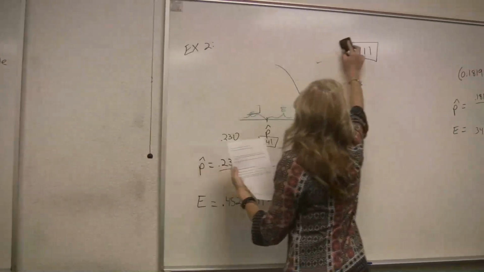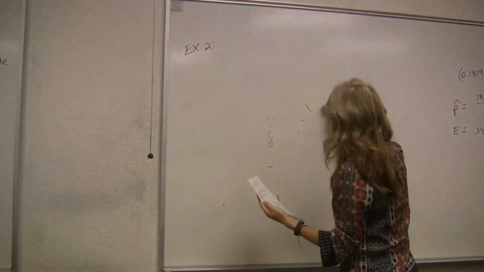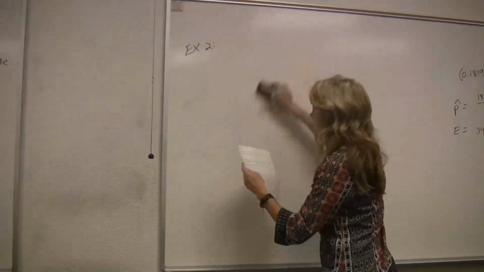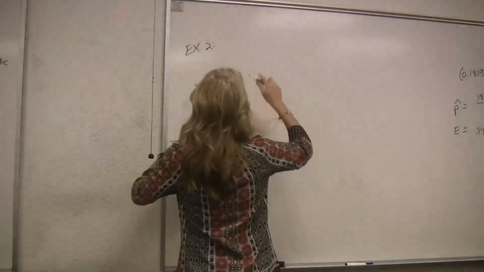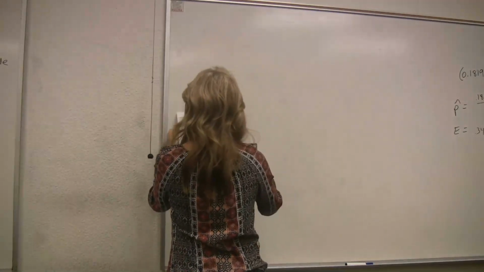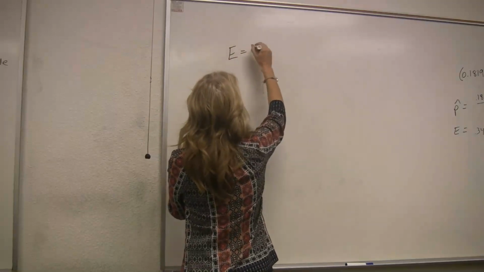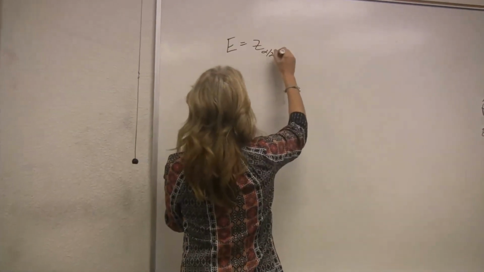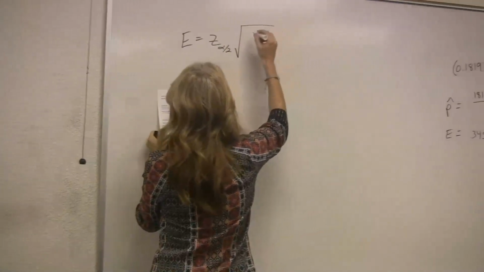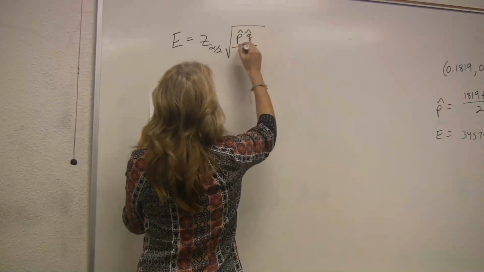But I claim that we know everything in that formula, or we can find it if we don't. I am in the middle of page 87 where you see that formula for E. It says Z alpha over 2 times the square root of p hat times q hat over n.